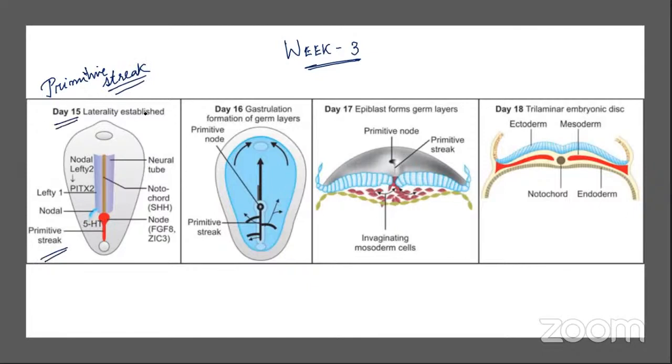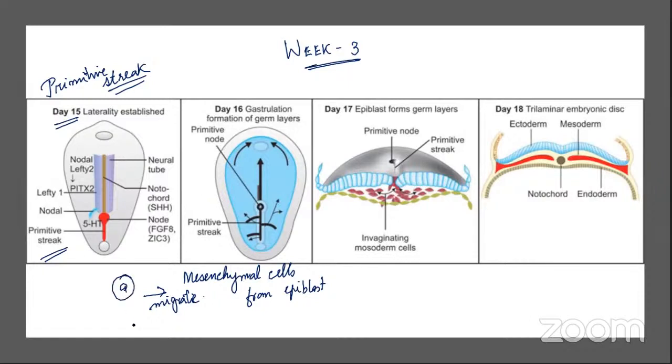Now coming to day 16, there are two things that happen. First one is the migration of mesenchymal cells from the epiblast. Migration of mesenchymal cells from epiblast happens on day 16.